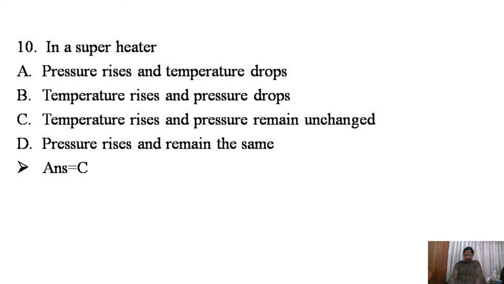Third one, compare the thermal power plant with hydroelectric power plant. Once again I will repeat the assignment questions. First one, explain the working of a thermal power plant. Second one, explain with a neat sketch the general layout of the thermal power plant. Third one, compare thermal power plant with hydroelectric power plant.